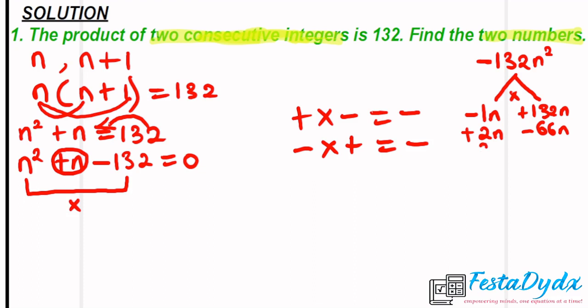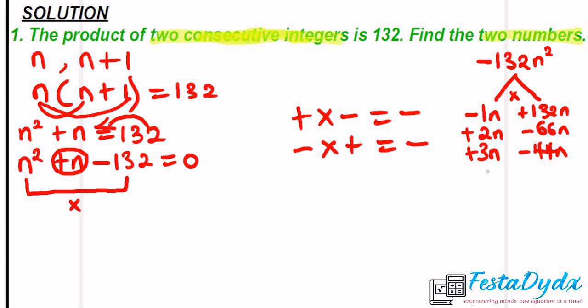If I use 3n times 44n, plus here, minus here, so plus 3n minus 44n will give me minus 41n, which is not even close to plus n.